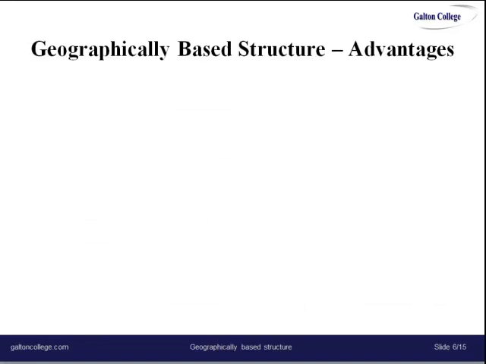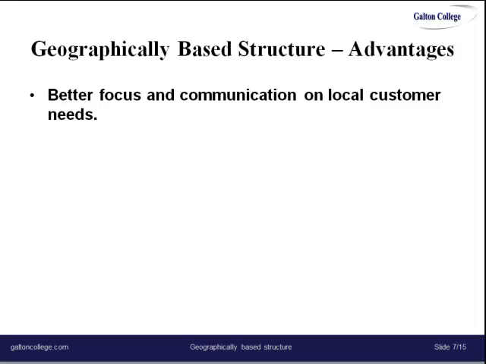Now let's look at the advantages of this. Well, there's a better focus in communications on the local consumer needs. So the organization becomes identified with the local area. A good example of this would be Sony. Started in Japan, but it's now truly a global brand, and Sony Europe would be seen by many as a European business.